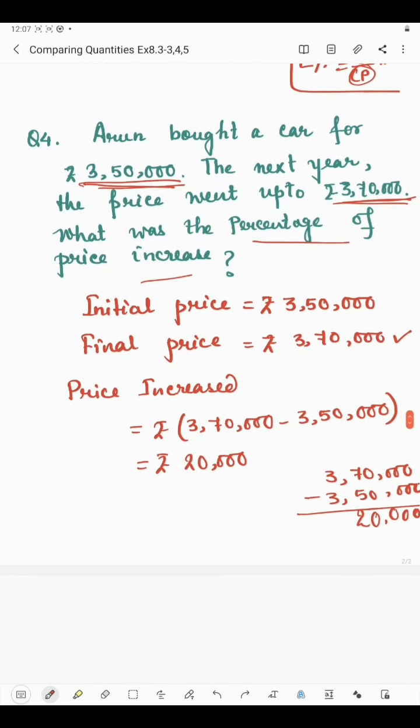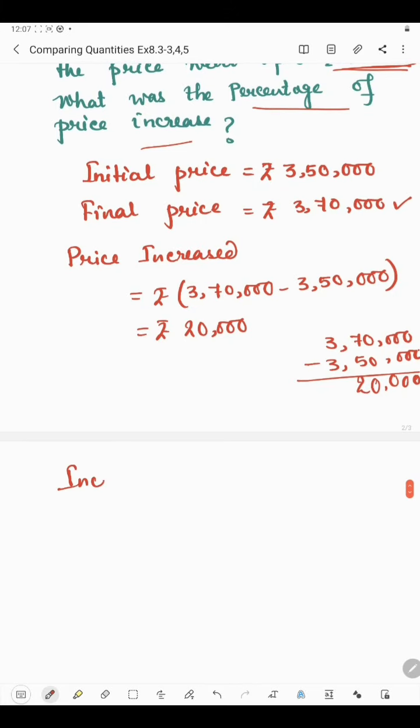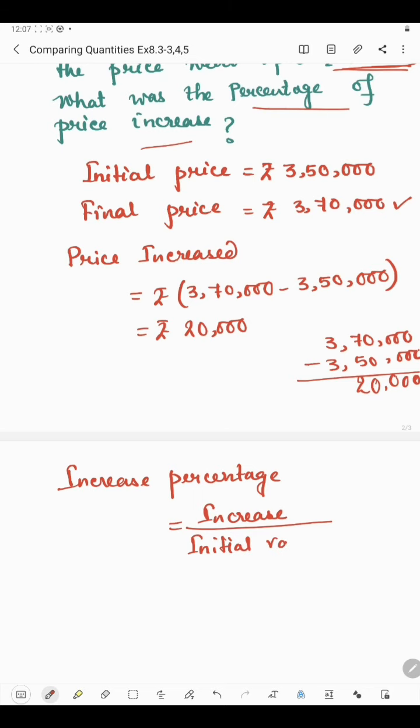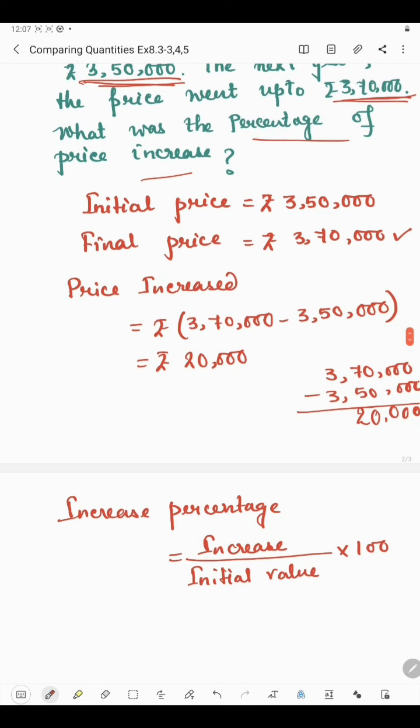So in this case, since we are finding increase percentage, we will write the increase in the numerator, and in the denominator we'll write the initial value, multiplied by 100, because this 20,000 increase is on the initial price, right?